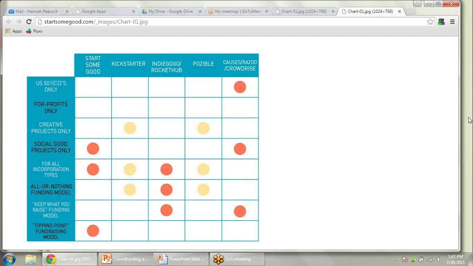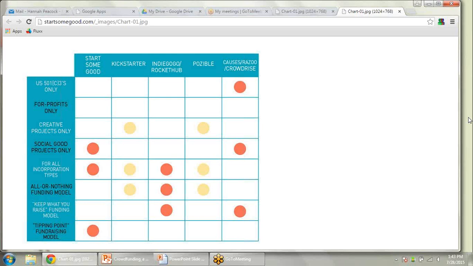That's right. And you named some platforms, and they're across the top of this chart. We're going to talk a little bit more about platforms, but all platforms are different, and there are tons of different platforms that you can consider, so you're going to have to make a choice. Some of them are better for nonprofits, and some of them are better for film projects or what have you. And then you have to carry through your strategy through your platform to reach your donor base and get them to give you money.